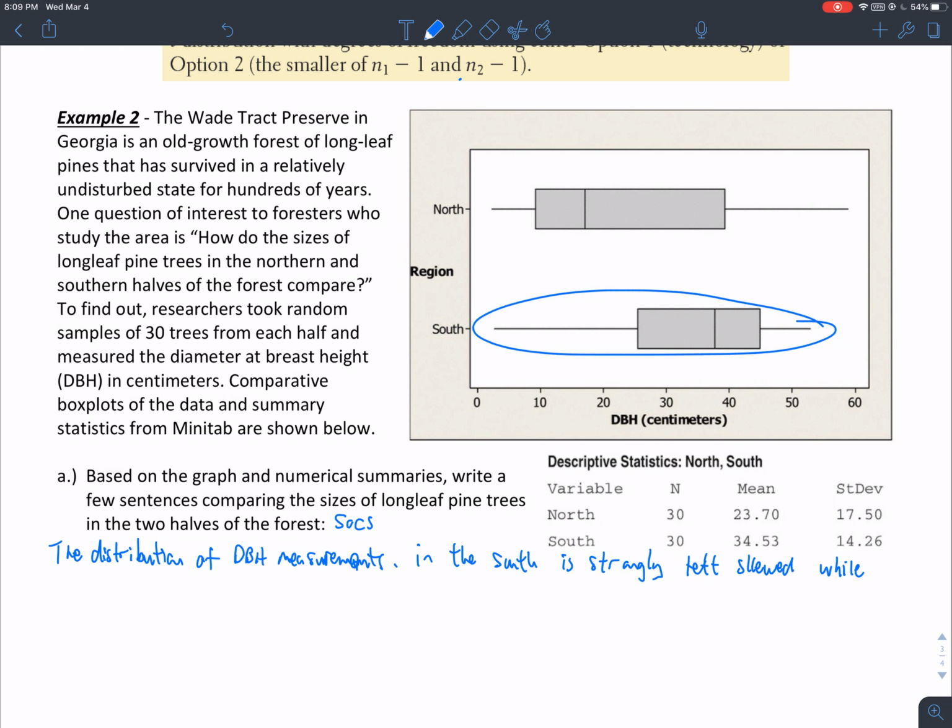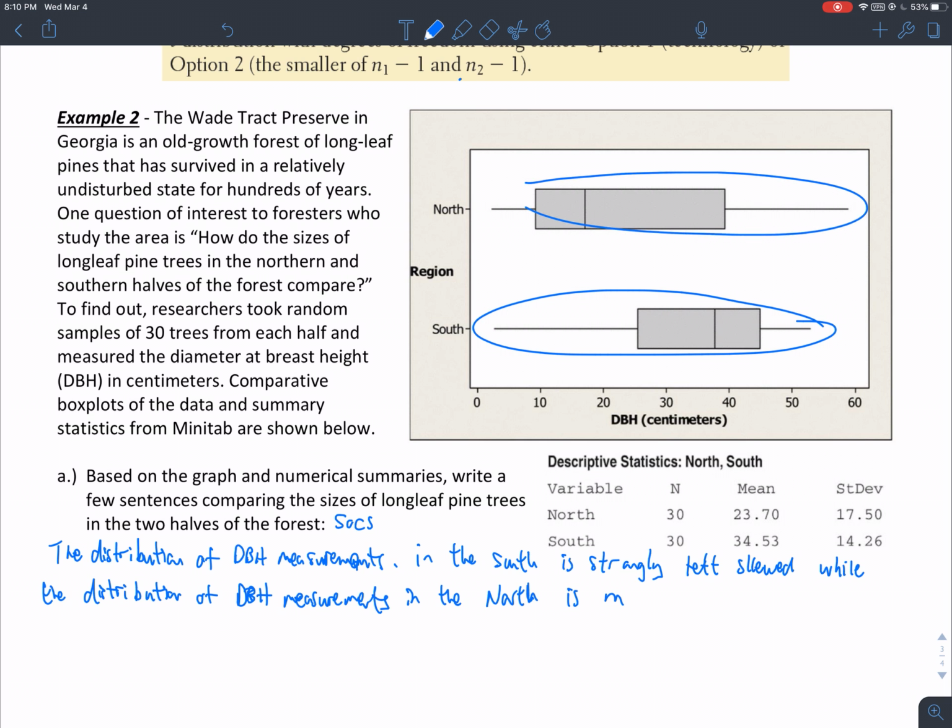while the distribution of DBH measurements in the north is moderately right skewed. Maybe not as badly as the south, but I would say maybe moderately or also strongly.